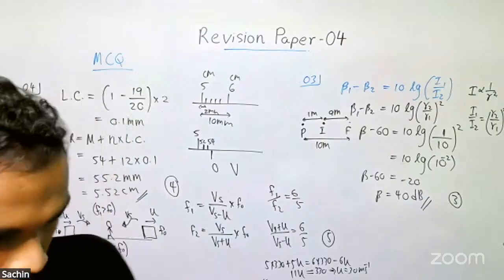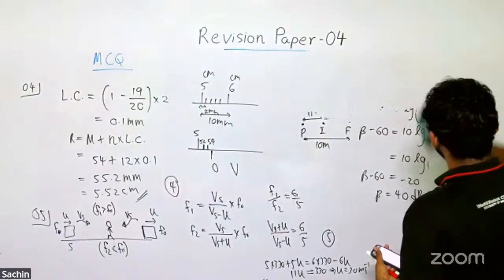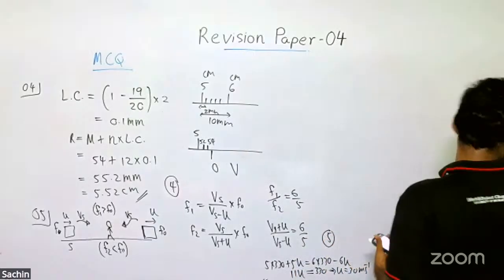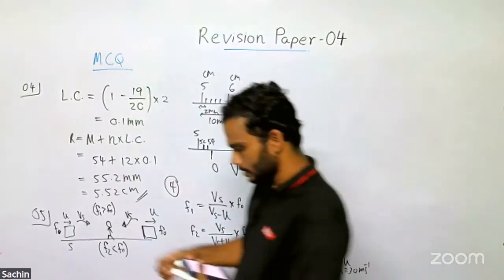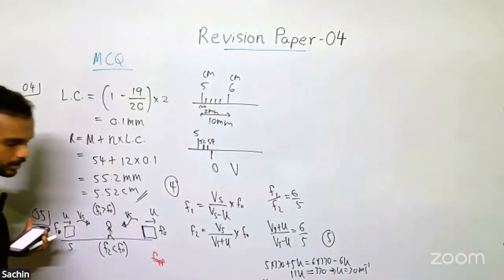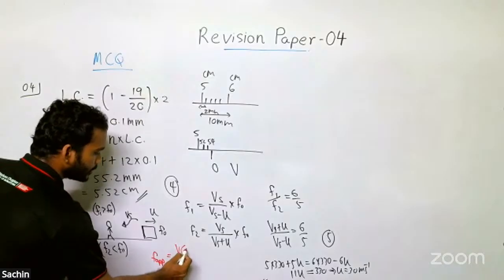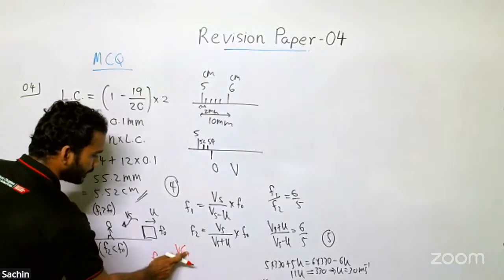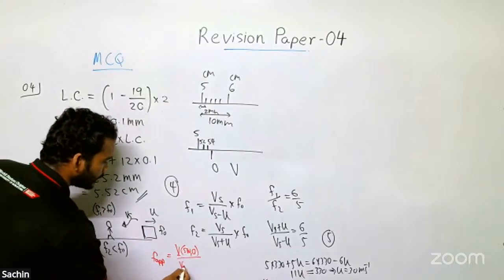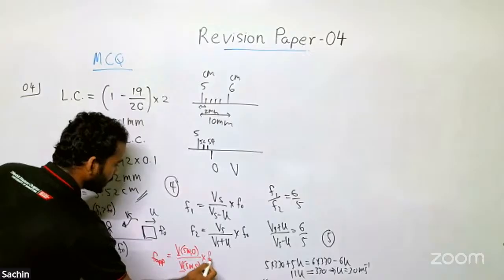Okay. Just remember, the apparent frequency observed by the observer is equal to the relative velocity of sound wave with respect to the observer, divided by the relative velocity of sound wave with respect to the source, times the actual frequency.